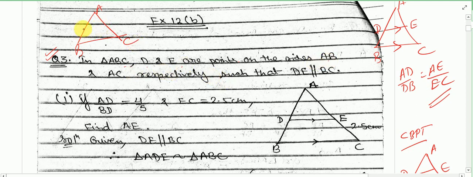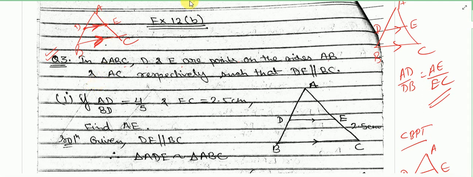So D is one point on AB and E is one point on AC, such that this DE is parallel to BC. Okay.